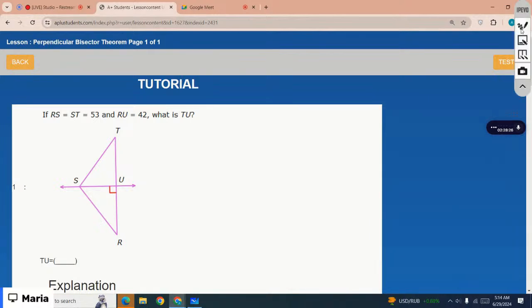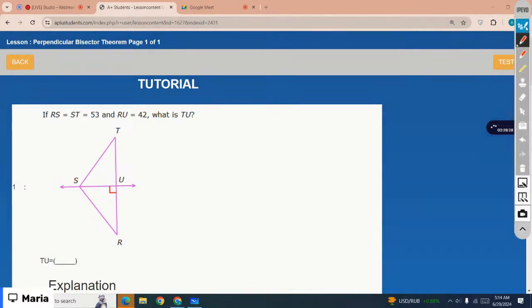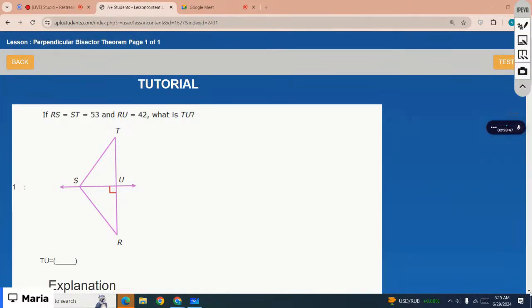Okay, let's see. RS and ST are equal, they are 53, right? And RU is 42. What is TU? So, according to the perpendicular bisector theorem, the perpendicular bisector is the line that divides the line TR into two exactly equal parts, right?